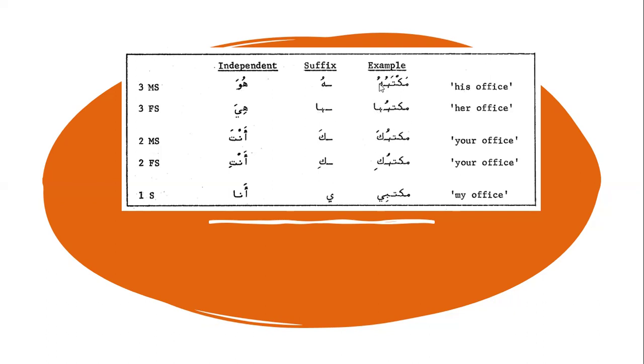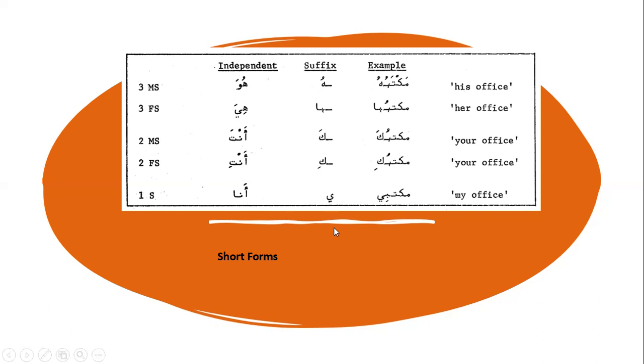So this ha and this hu is the short form, the suffix of these independent pronouns. And similarly, anta has ka. When anta is an independent pronoun, it comes separately. But when it is attached to a noun, this suffix is used, ka. Anti, ki, ana, i.